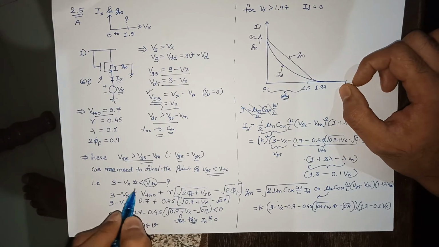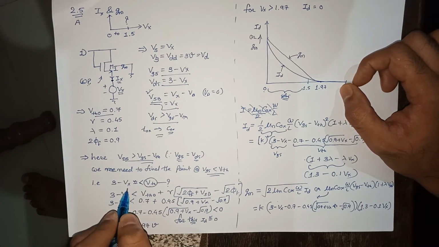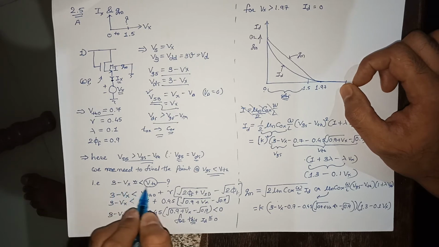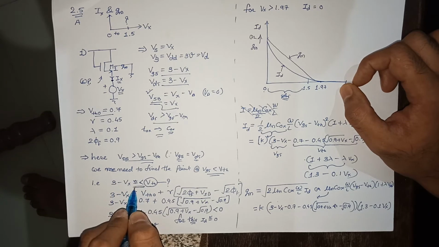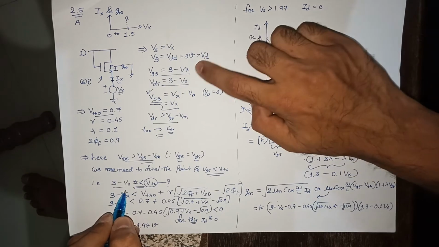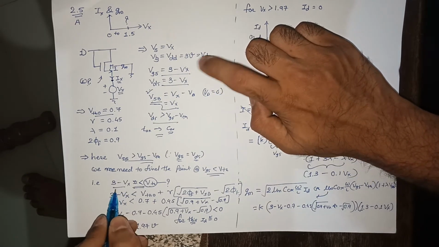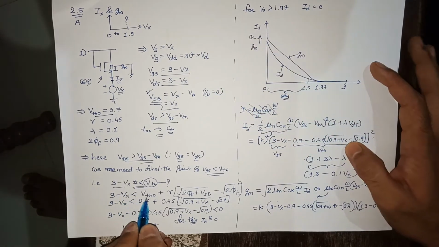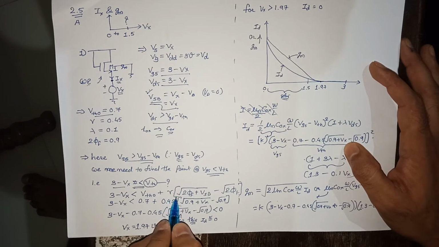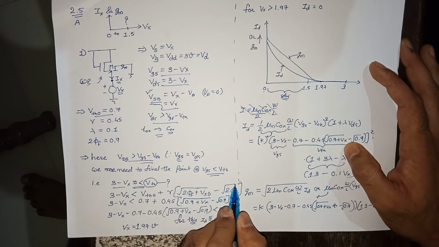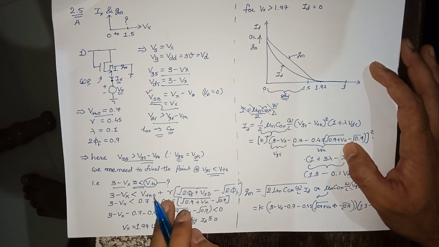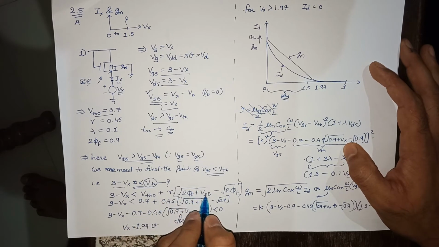So to find that, what we need is VGS less than VTH. We are just writing the condition. What is VGS? 3 minus Vx. 3 minus Vx is less than VTO plus gamma times the bracket, square root of 2 Fermi potential plus VSB, minus square root of 2 Fermi potential. This is the equation of VTH with respect to VSB, considering the body effect.